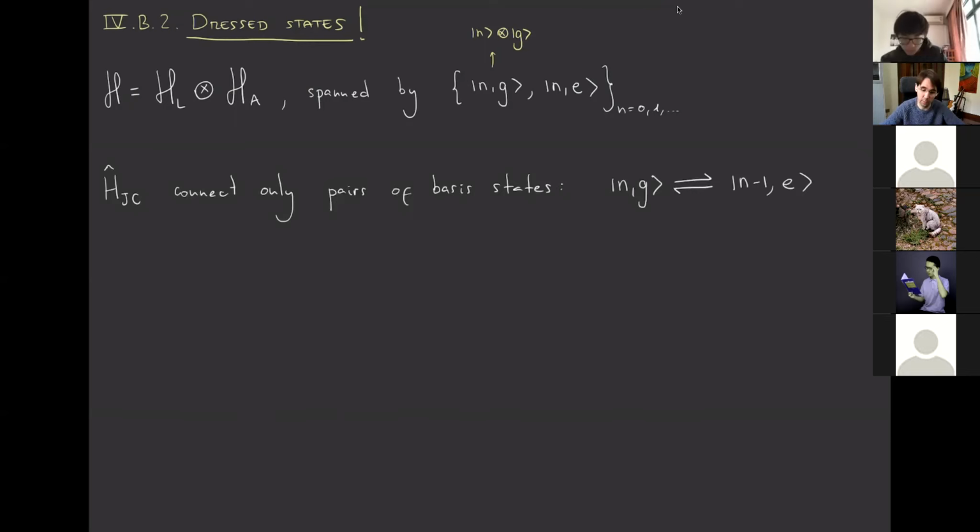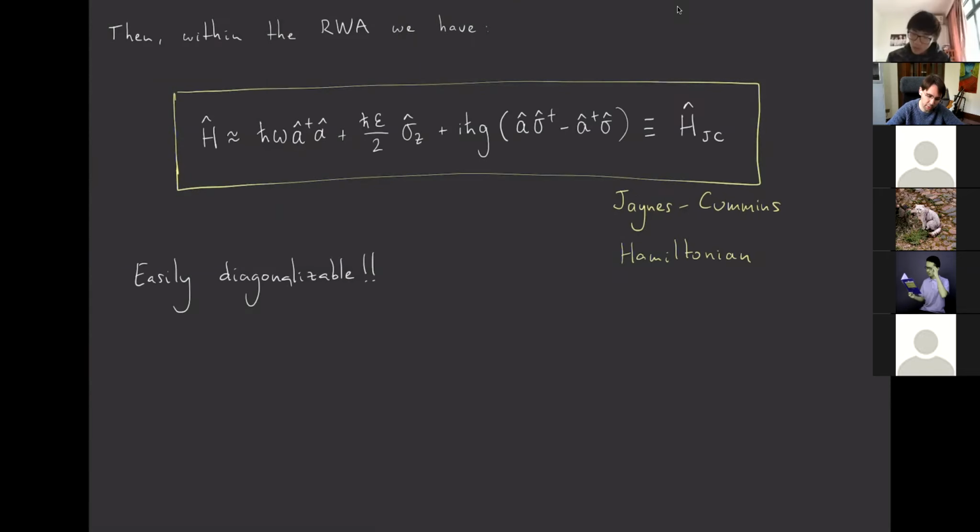This is very simple to understand. Just imagine that you have the atom in the ground state and n photons in the field. If you come to the Hamiltonian, you see that these operators here do not change either the number of optical or atomic excitations because these are eigenstates of them. Therefore, only the interaction can connect different basis states.